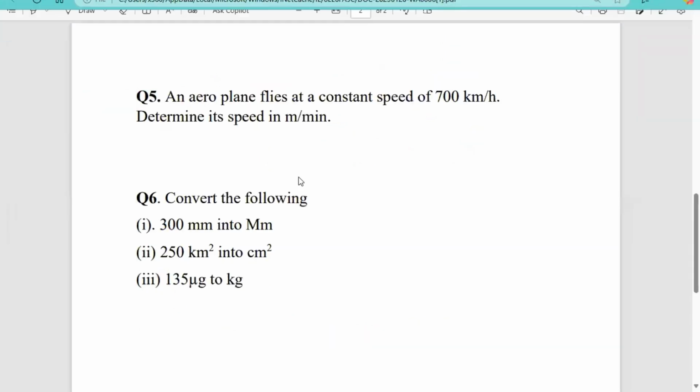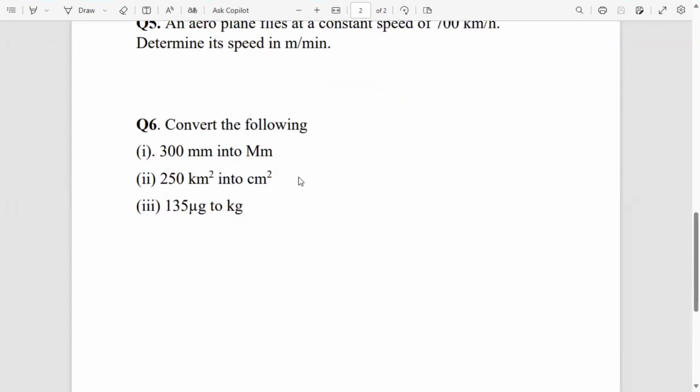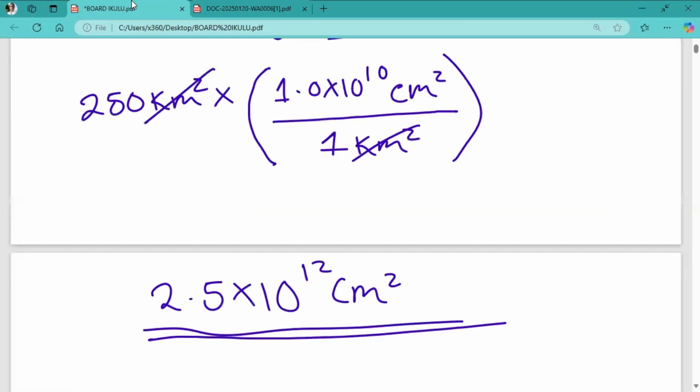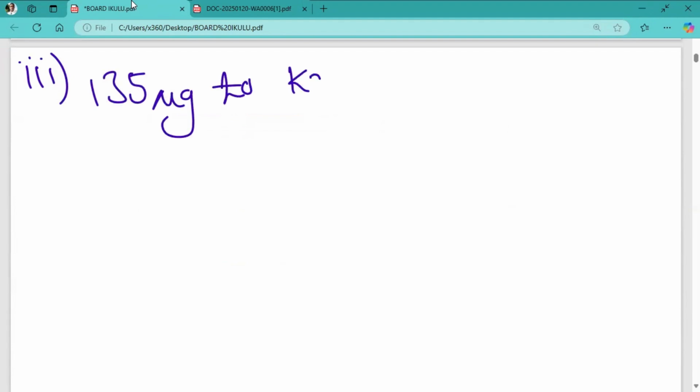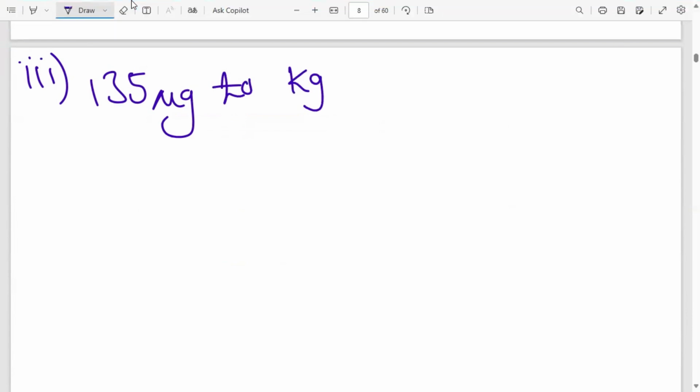We can go to the last question, which is saying convert 135 micrograms to kilograms. Converting 135 micrograms to kilograms. Okay, so we go back. We say part 3: 135 micrograms to kilograms, like that. And what are we going to do?